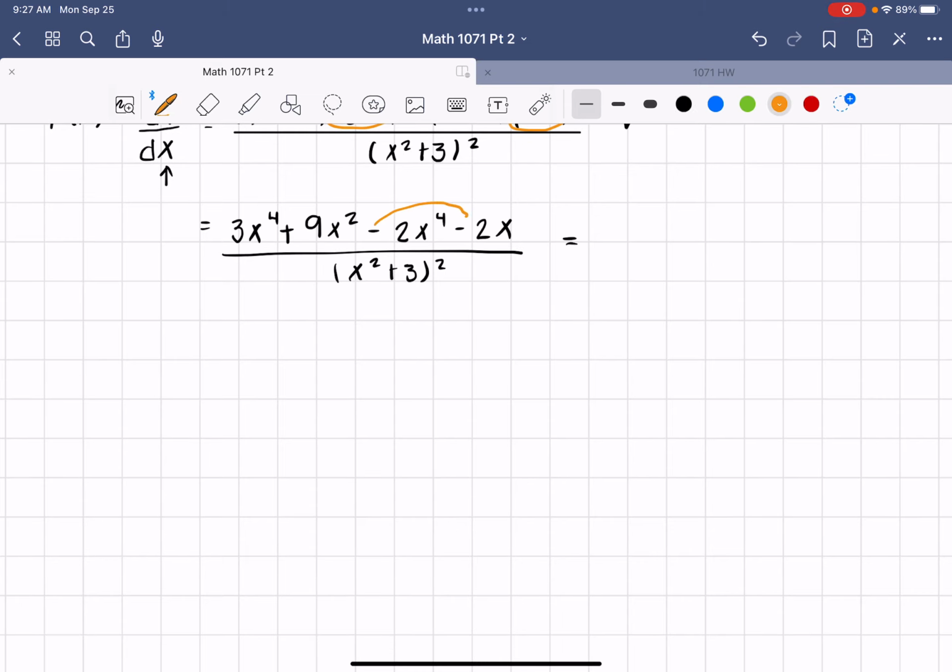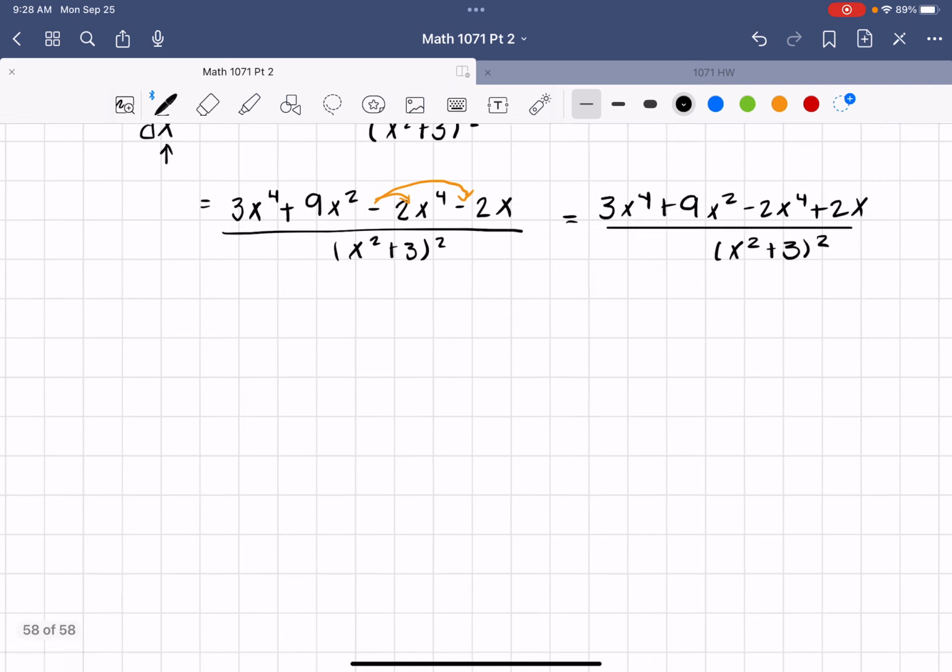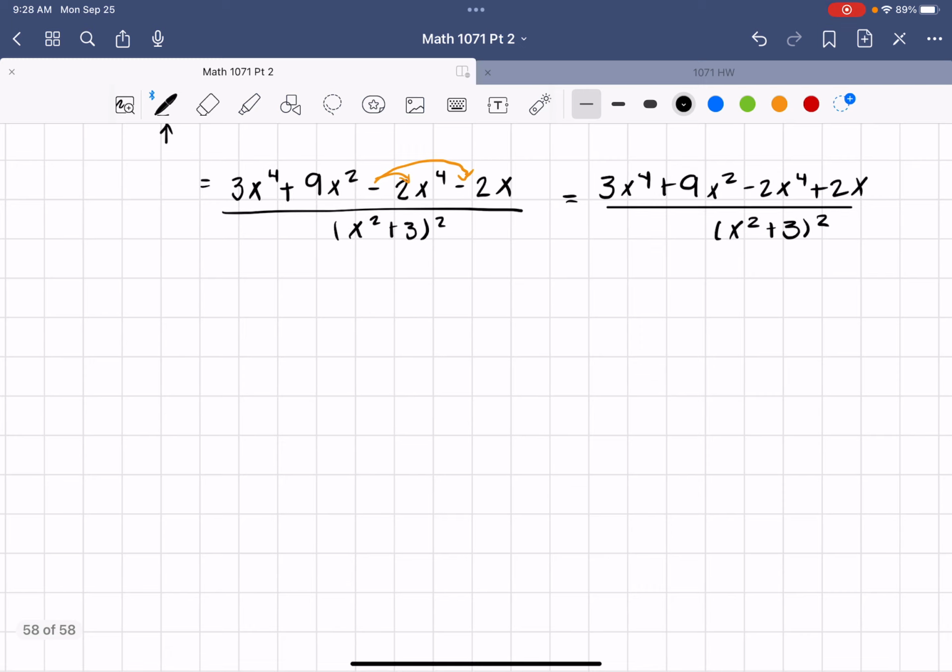And as I say, a common mistake when you're simplifying is that people often keep that negative because they forget you're subtracting a negative, which is a positive. And now you have a little cancellation. 3x to the 4th minus 2x to the 4th gives you 1x to the 4th.